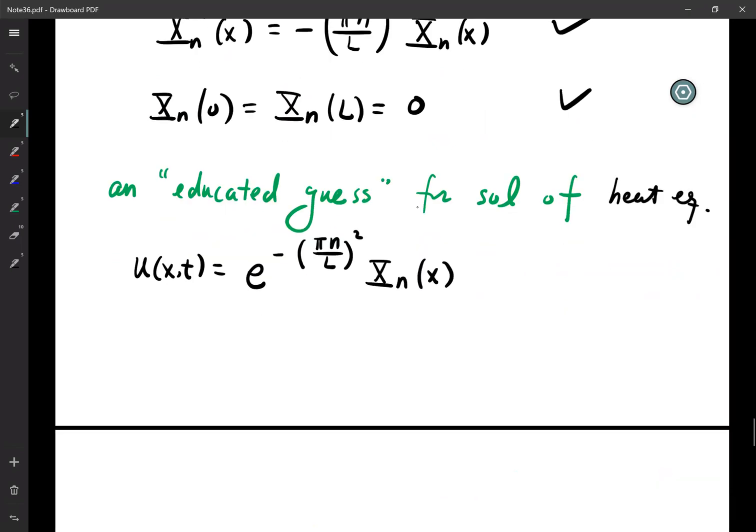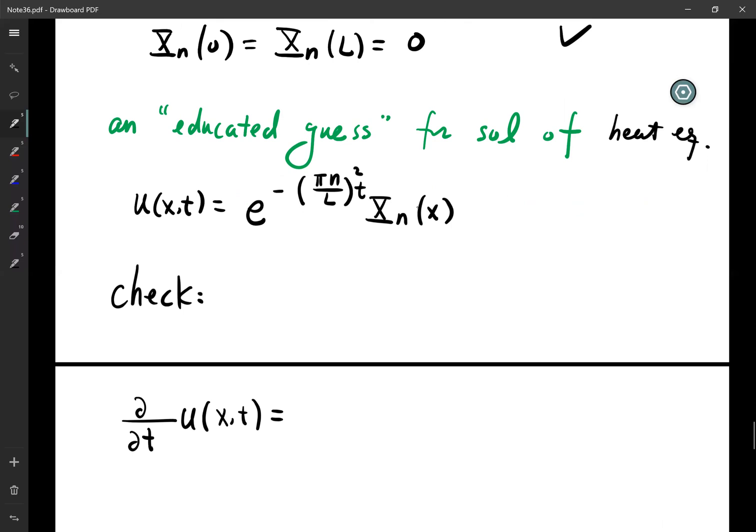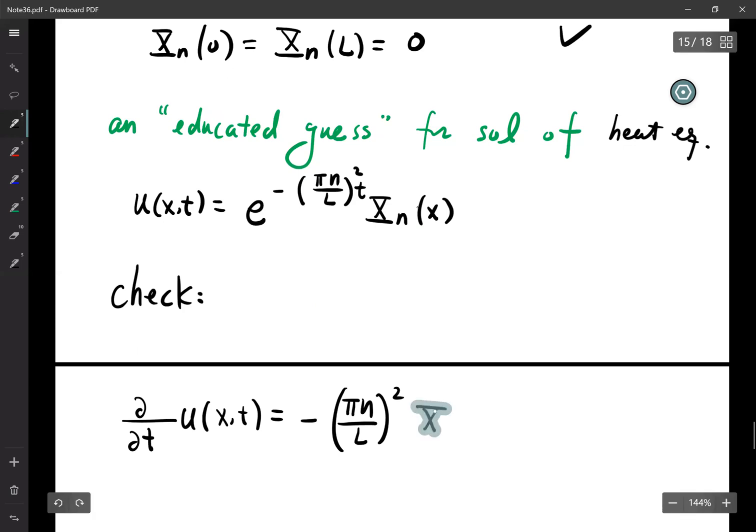So let's check. Obviously it satisfies the boundary data because only this part depends on x, and we have to verify the rest. All we need to do is to check it satisfies the heat equation. The left-hand side of the equation is the derivative with respect to t. So this is minus pi n divided by L squared times u(x,t).